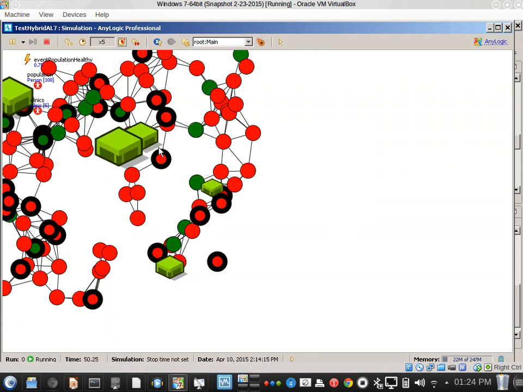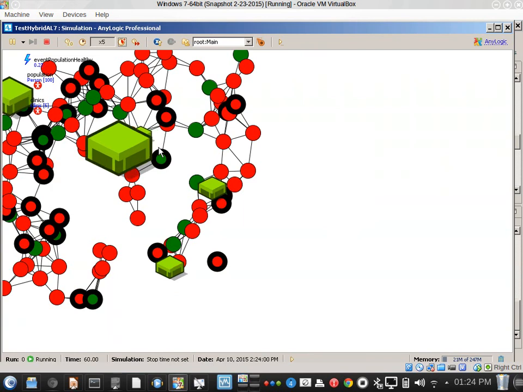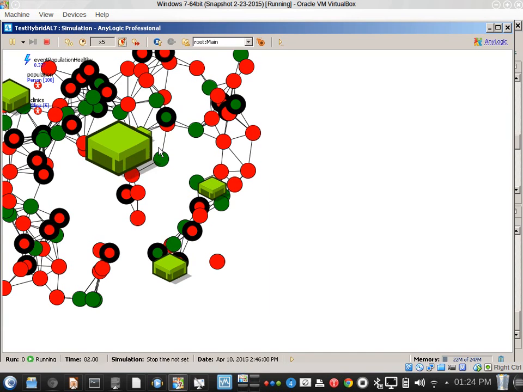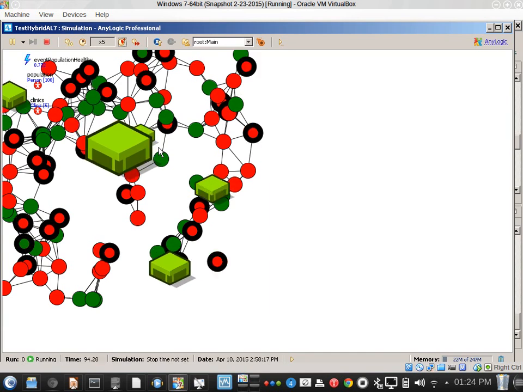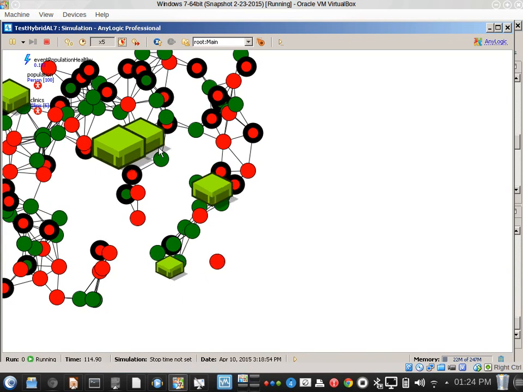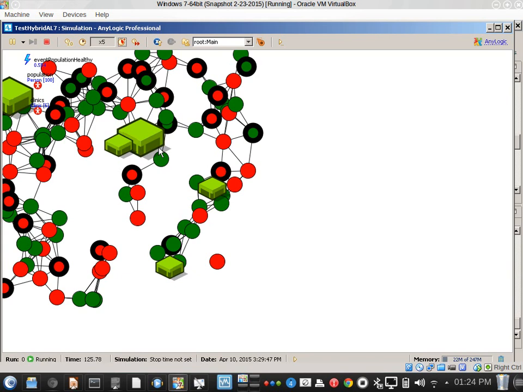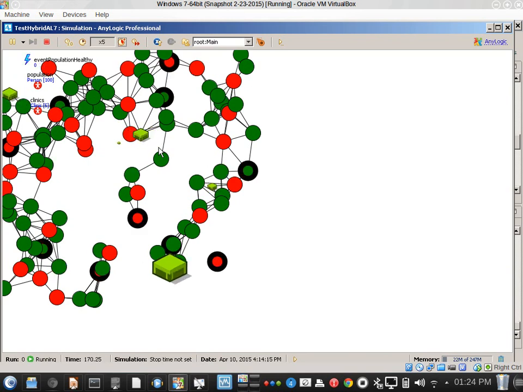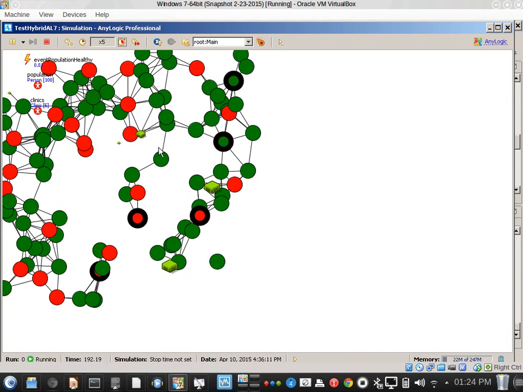These sort of models can be very helpful for reasoning about resource utilization. How many clinicians do we need in a given location? Where should we place those clinics to best serve the population? You notice the clinics are sized according to their caseload at the moment. If more people are at a clinic at a given time, it will be larger. As people get served and leave the clinic, it will shrink again.